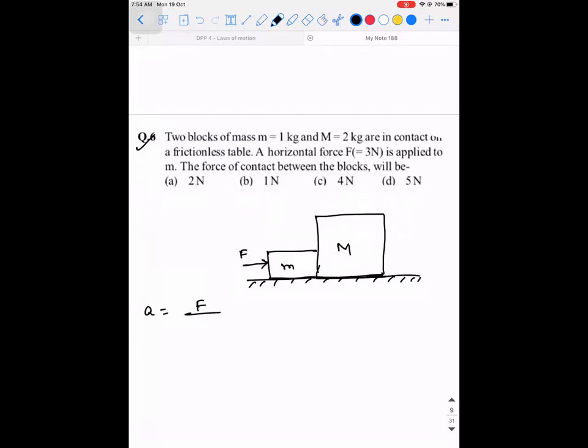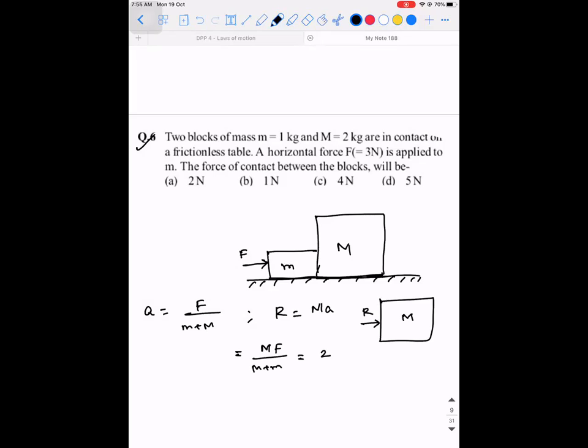Capital F divided by small m plus capital M. So what will be the reaction force that is acting? If I take the bigger block, this will be the reaction force that is acting. So R will be equal to capital M into A. So capital M into A, that will be capital M into F divided by capital M plus small m.